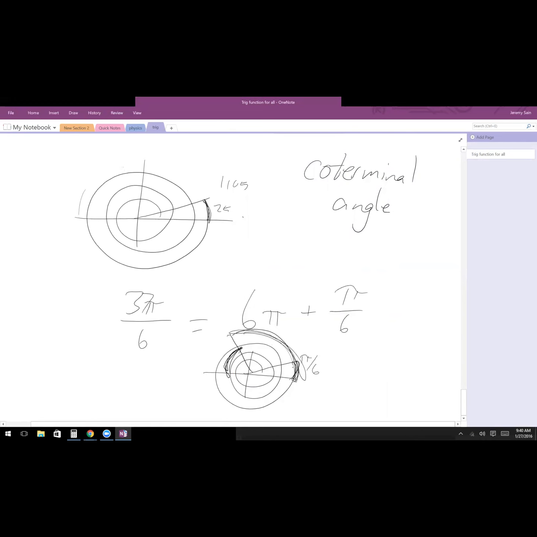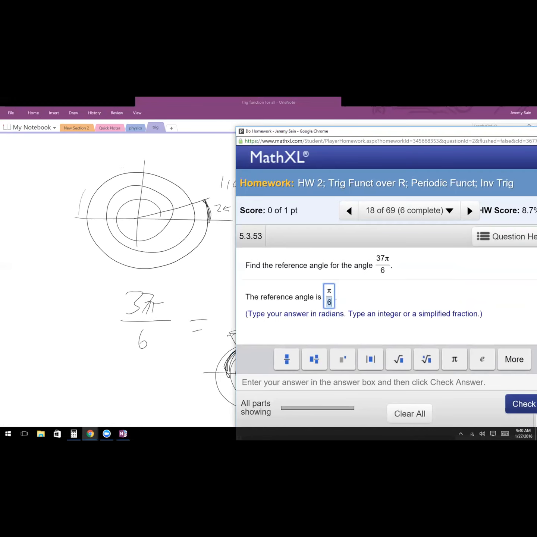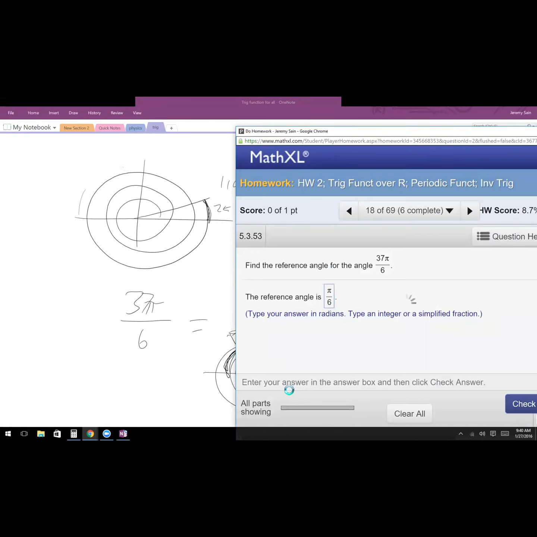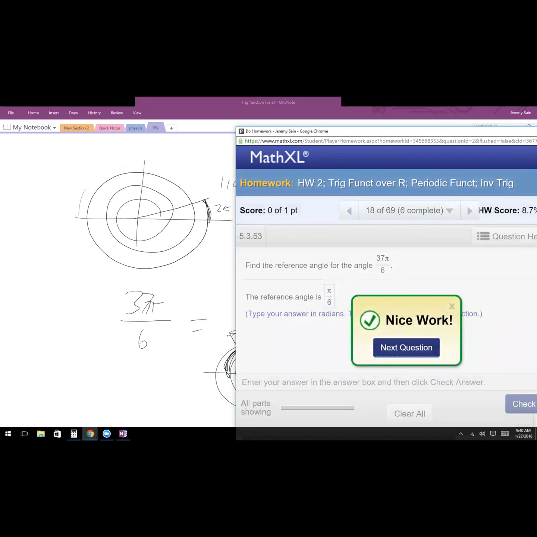But we happen to get ones that stopped just past the thing. So, okay. There we go. Enter. Cool. So is everybody happy with reference angles?